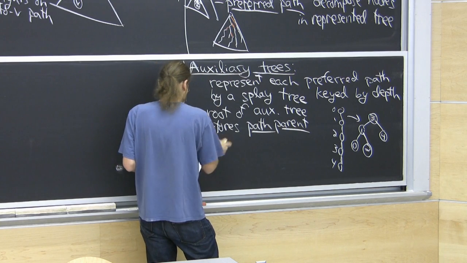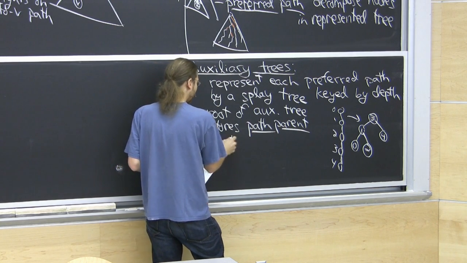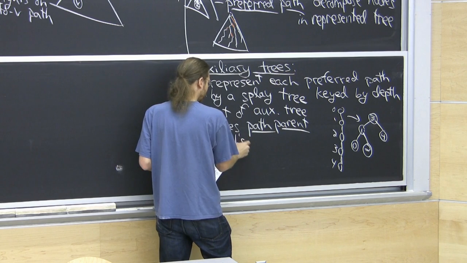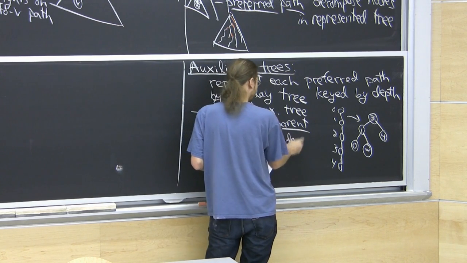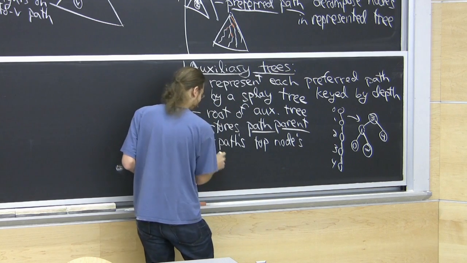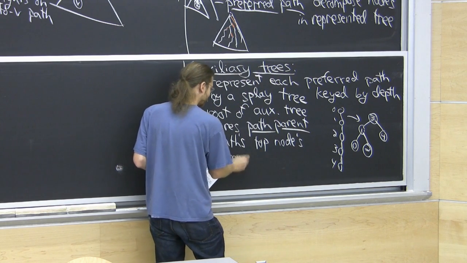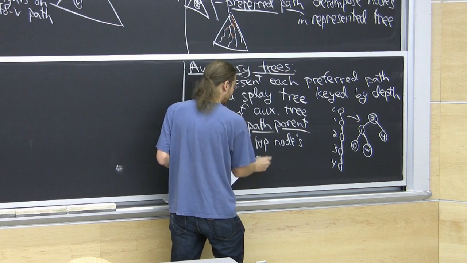The definition is this is the path's top node's parent in the represented tree.